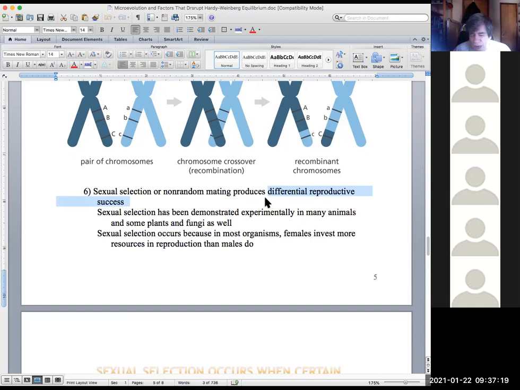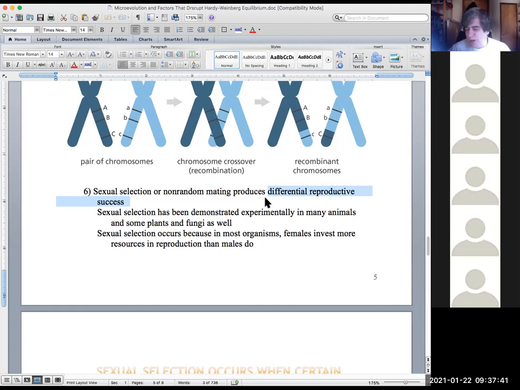Now, notice natural selection is often referred to as differential survival. And the reason that sexual selection is often talked about differently is because being able to reproduce successfully is not necessarily tied to being able to survive.